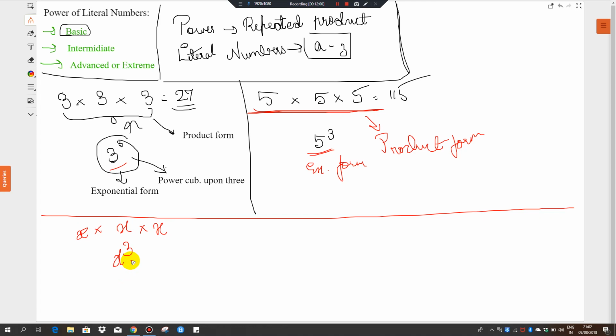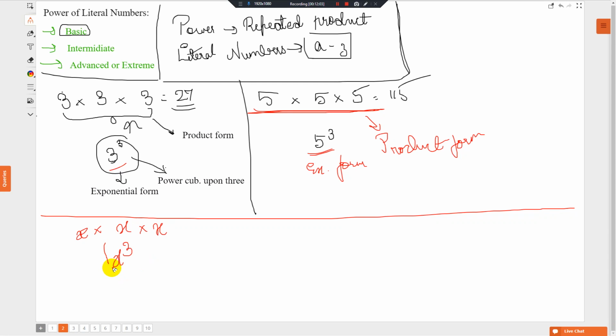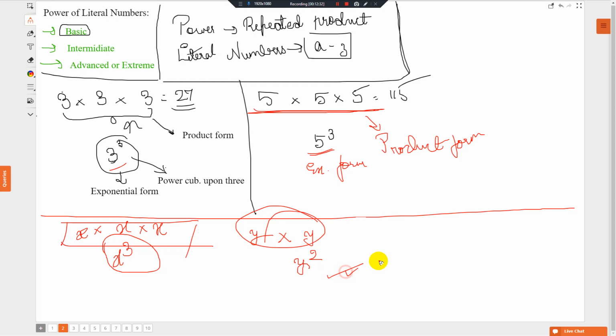So we write x cubed. Sometimes they give different letters also, like y into y, or not only 3 but other repeat counts. In that case, just write y and 2, because it is the repeated form.